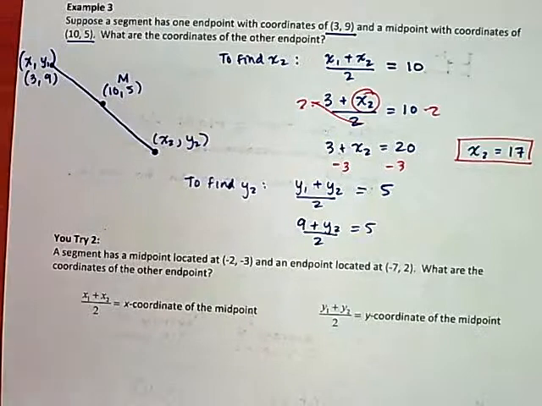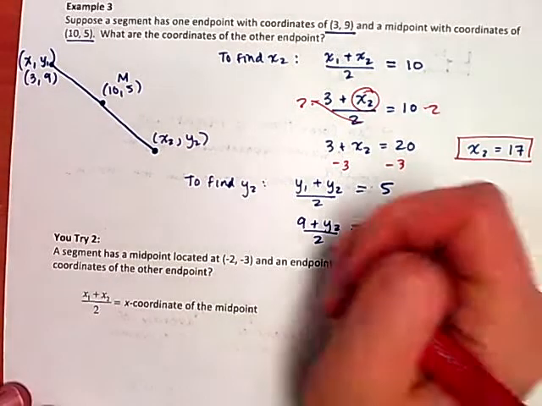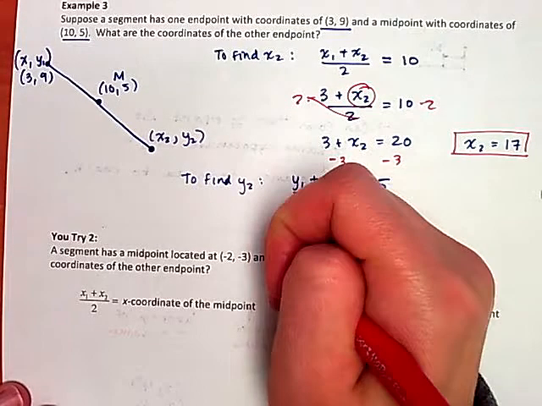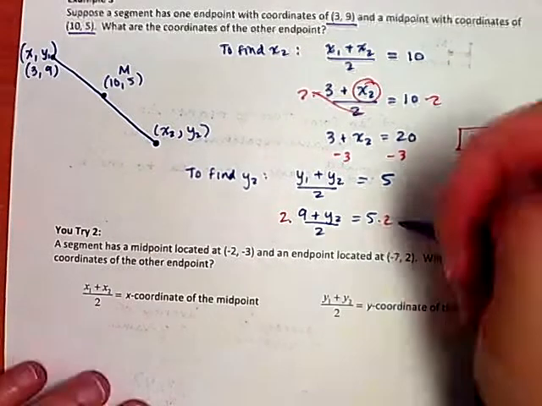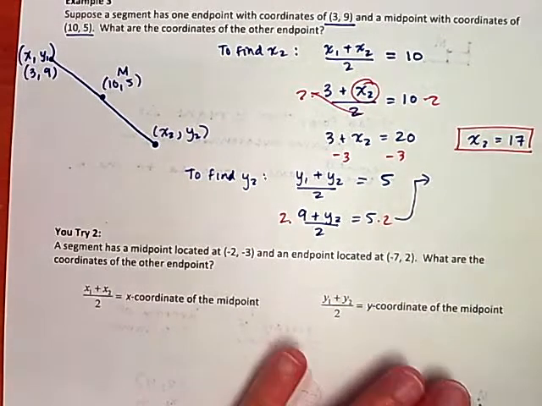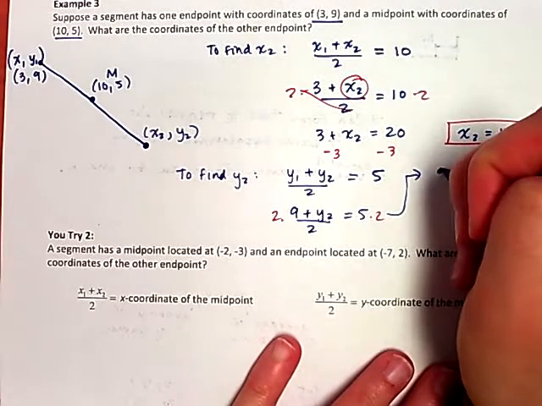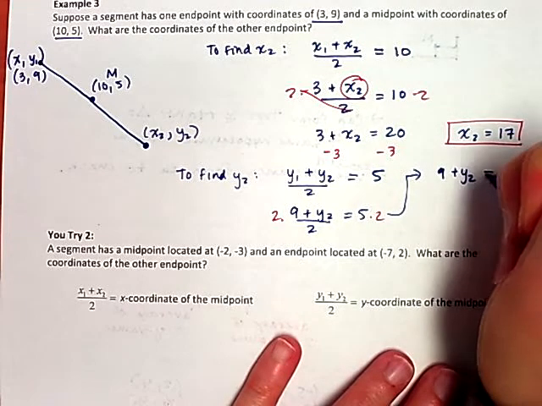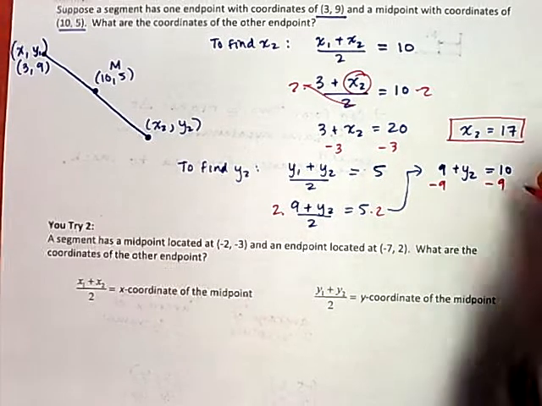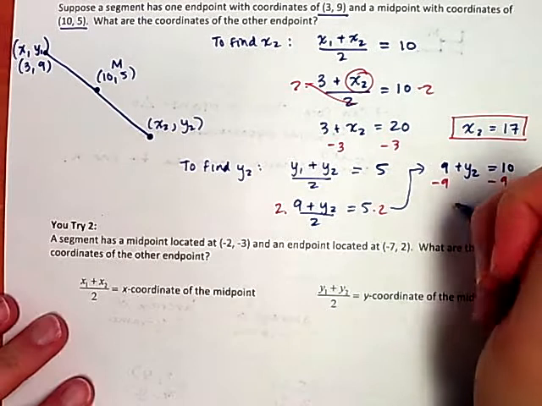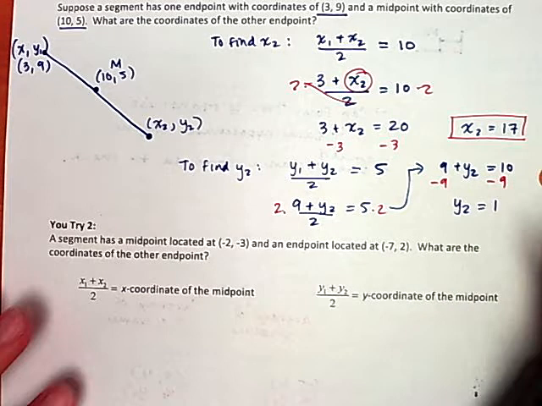The algebra we're doing here is going to be exactly the same as what we were doing up here. So I'd multiply both sides by 2. Then I'm going to show my work over here. I get 9 plus y2 is equal to 10. Subtract the 9 over, and I get y2 is equal to 1.